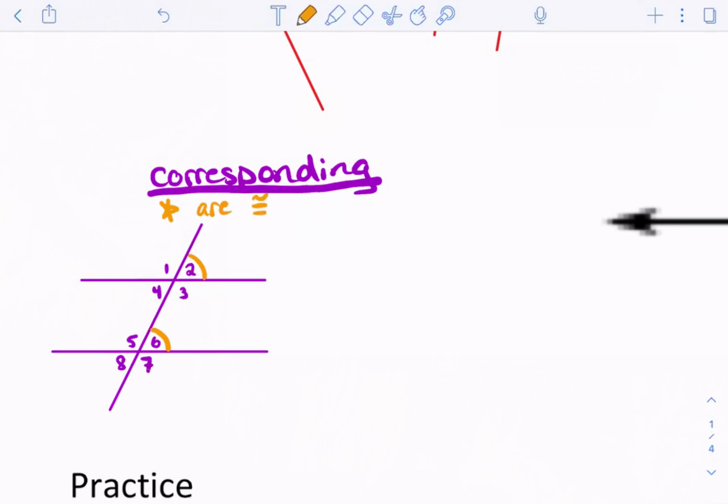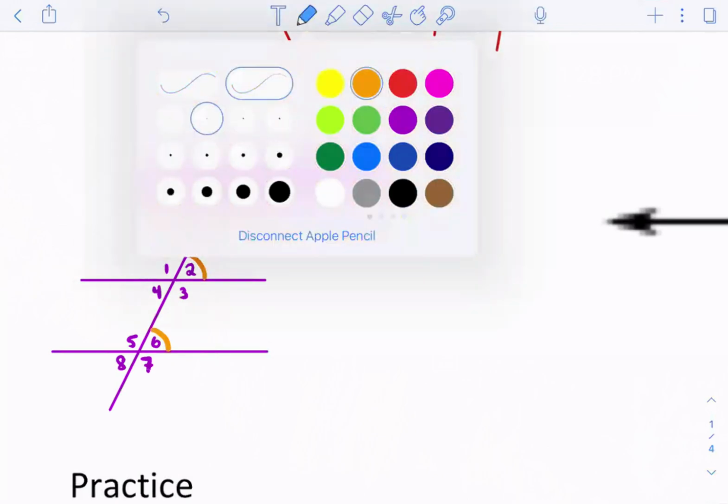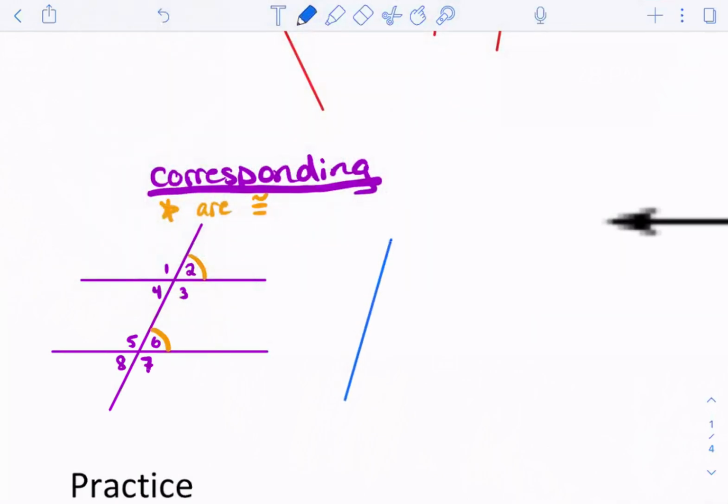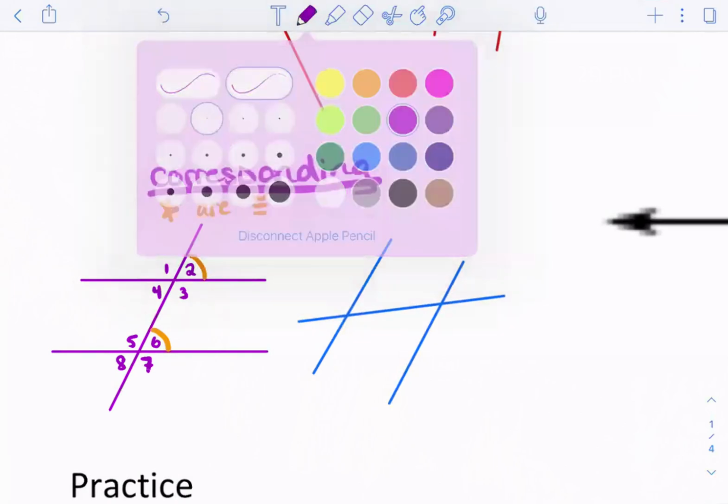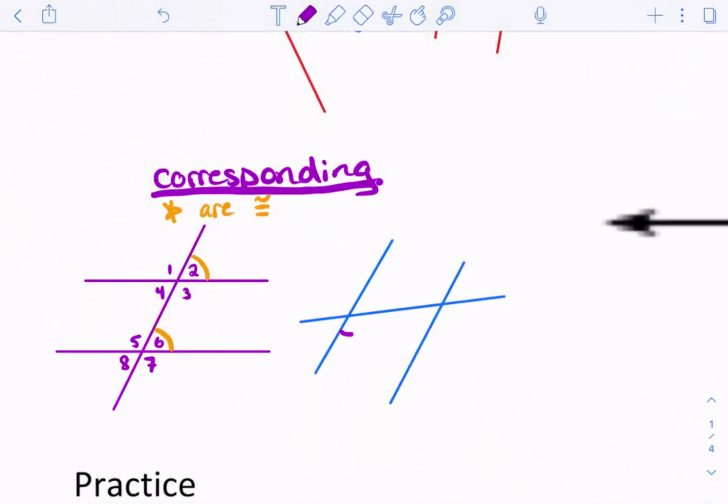Okay, so I'm going to do it the other way so you could see. If I had angles cut by a transversal this way, let's say I chose this angle right here, the corresponding angle to that. Now notice I always have to drag along the parallel lines.